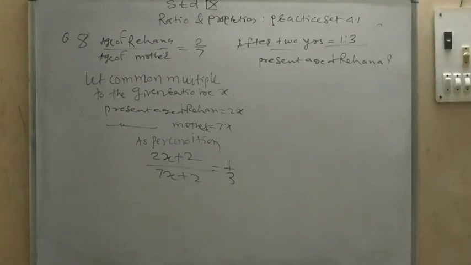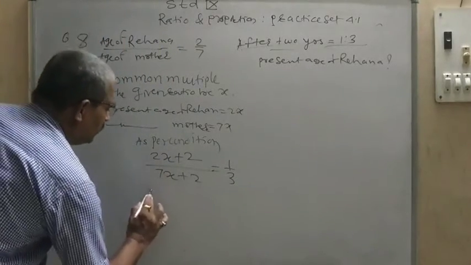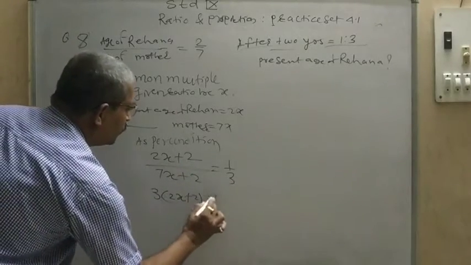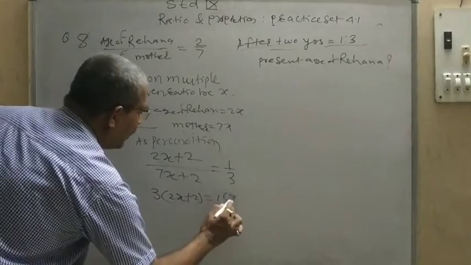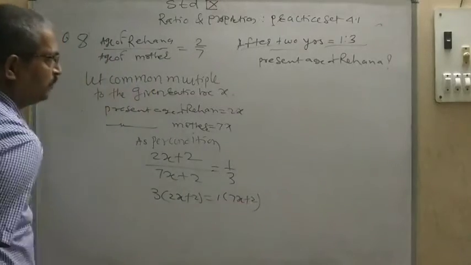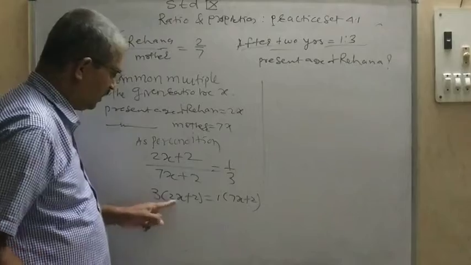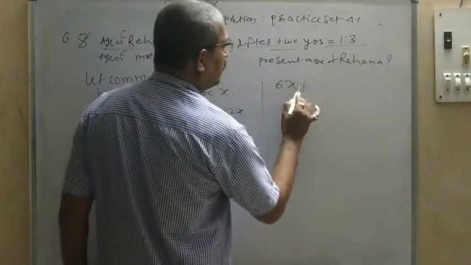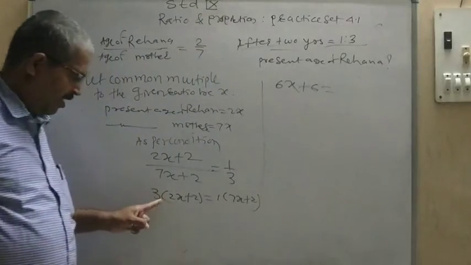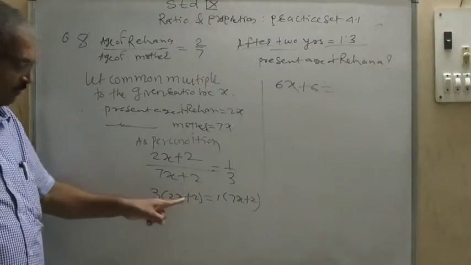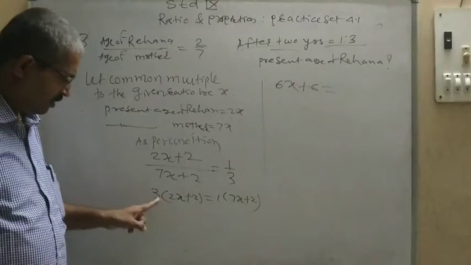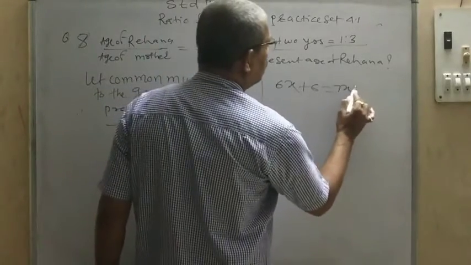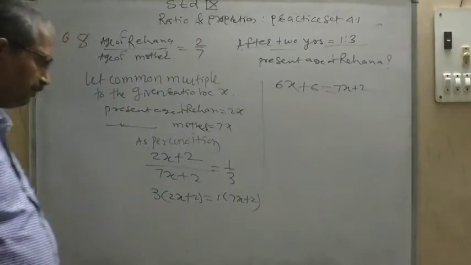Now do the cross multiplication: 3 into (2x plus 2) equals 1 into (7x plus 2). 3 2s are 6x plus 6. I have multiplied this 3 to every term. And here it becomes 7x plus 2 as it is.